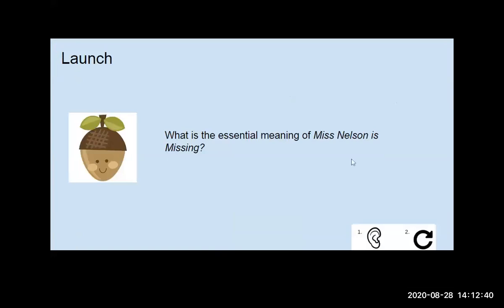So we have talked about the 4 questions that we will have in Wit and Wisdom. We have the essential question, which is the large question. It's the one that takes the longest time to answer. And it is, what is the essential meaning of Miss Nelson is Missing?